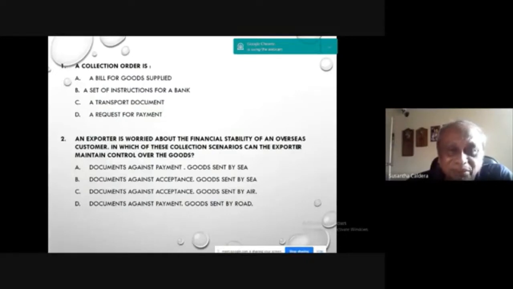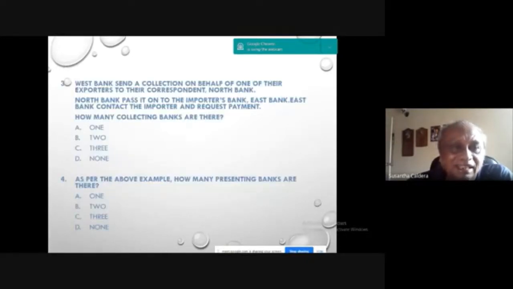Documents against payment, goods sent by sea. West Bank sends a collection on behalf of one of their exporters to their correspondent North Bank. So West Bank is which bank? Remitting bank. North Bank?